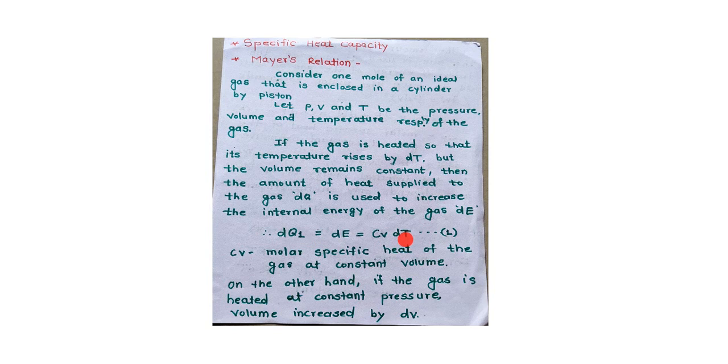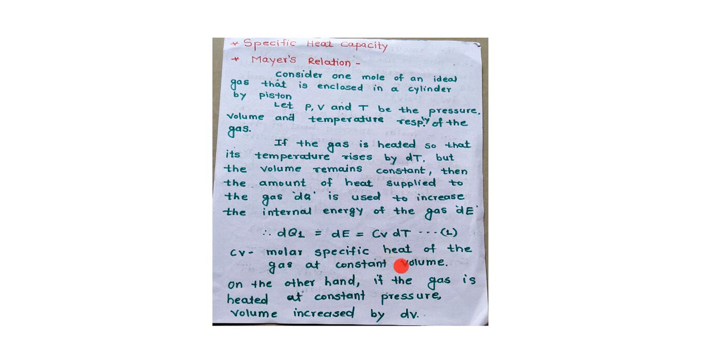Here Cv is the molar specific heat of the gas at constant volume. The quantity of heat required to raise the temperature of 1 mole of a gas through 1 Kelvin or 1 degree Celsius at constant volume is called the molar specific heat of the gas at constant volume.